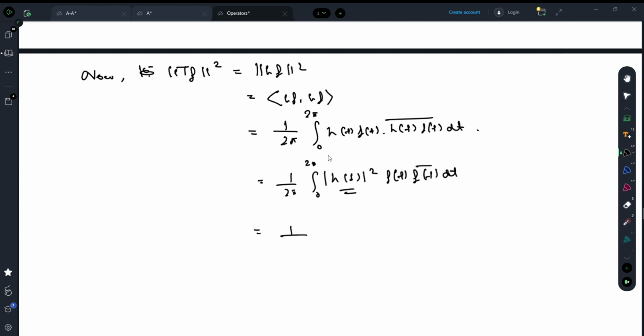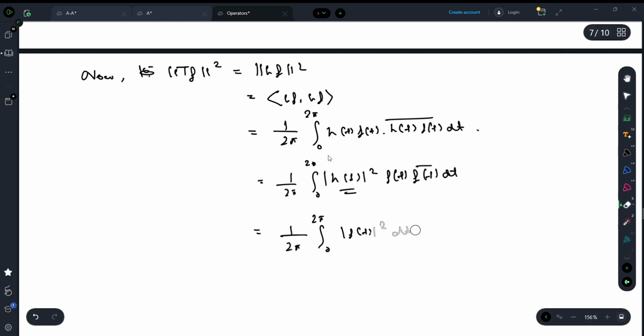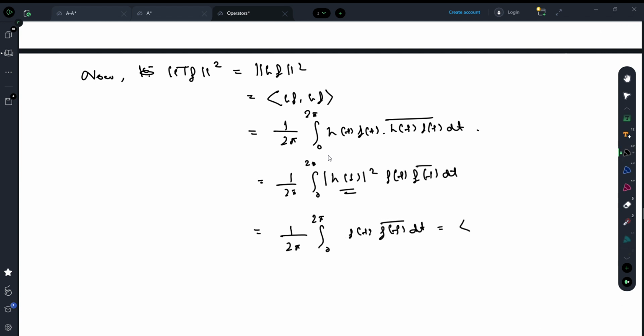So it is 1 over 2 pi integral of 0 to 2 pi of f(t) f(t) bar dt, but that's just the inner product of f with itself, so it's just the norm of f squared.